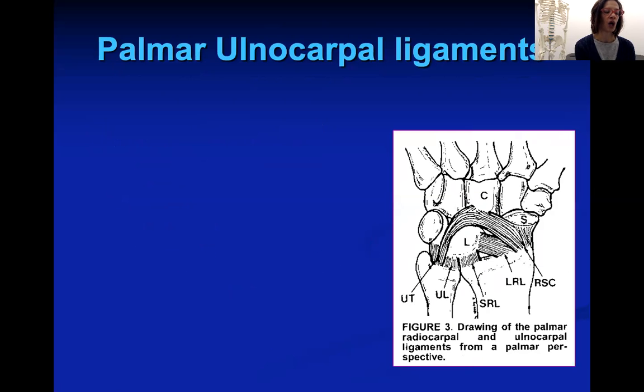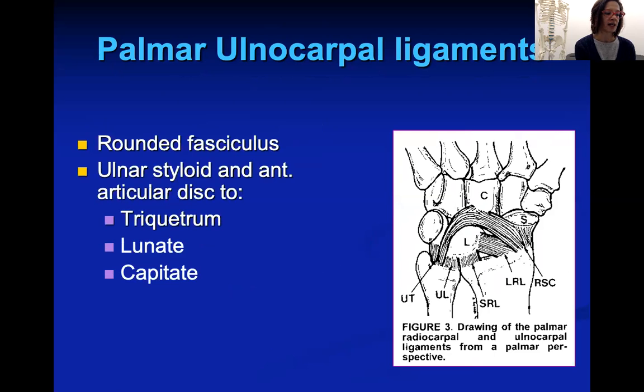The palmar ulnocarpal ligaments, now more on the ulnar side, it's round and fasciculous. And the ulnar styloid and anterior articular disc goes to the triquetrium, the lunate, and the capitate. And we looked at this also when we looked at the TFCC anatomy.